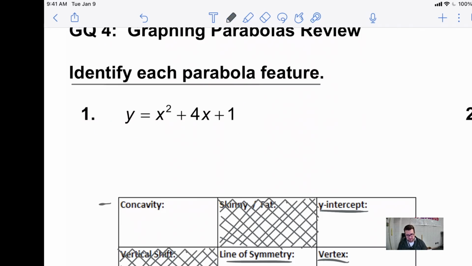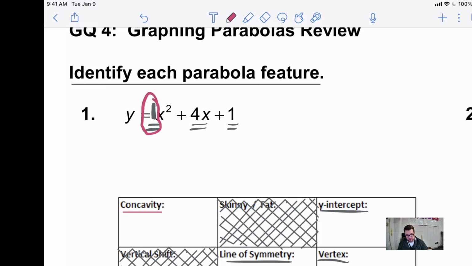And this is what I mean by that. We're missing the a value right here, so this is ax squared plus bx plus c. Having those parts there right away is very important because they are what allow us to find these other pieces. Now let's start right with concavity. If we want to identify the concavity of our graph, that's easiest done by looking at our a value.